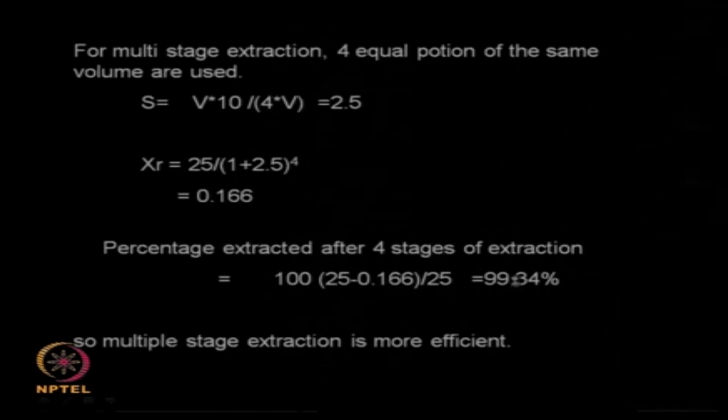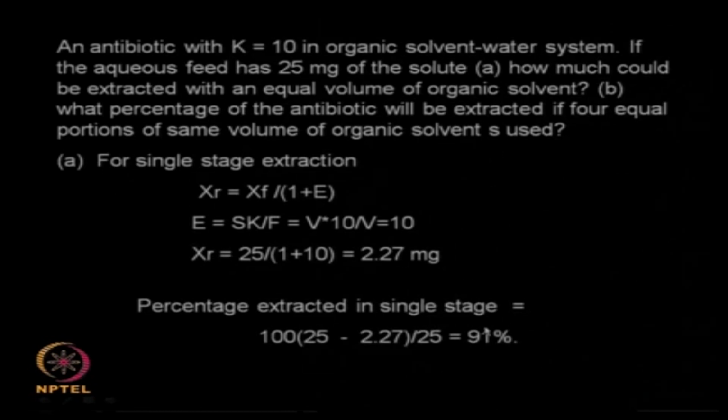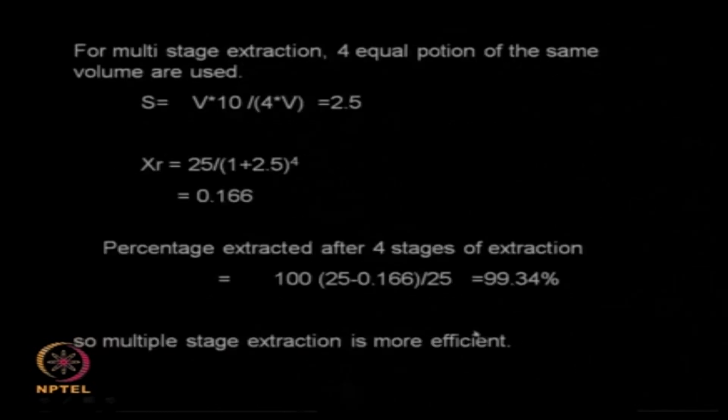You see, in the previous case when you put all the solvent into one stage you are able to extract 91%, but when you divide it into 4 equal parts and do the extraction in 4 distinct stages you are able to recover 99.3% of the protein.